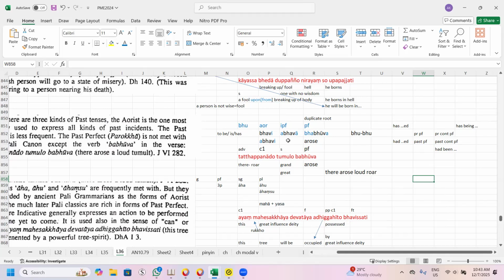I have been to Japan. If you say I has been in Japan, this is not a perfect tense, this is imperfect tense. So you get what I mean?